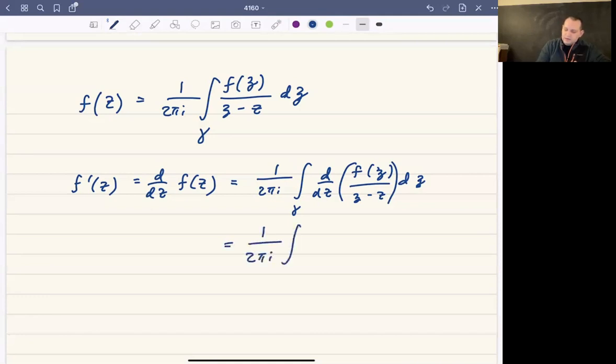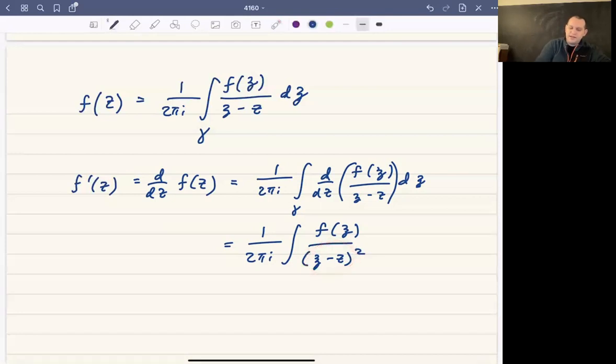And then the derivative of 1 over zeta minus z is going to be, let's see, 1 over zeta minus z squared. So we're going to get zeta minus z to the negative 2. That would be times negative 1, but then also times the negative 1 from the inside.